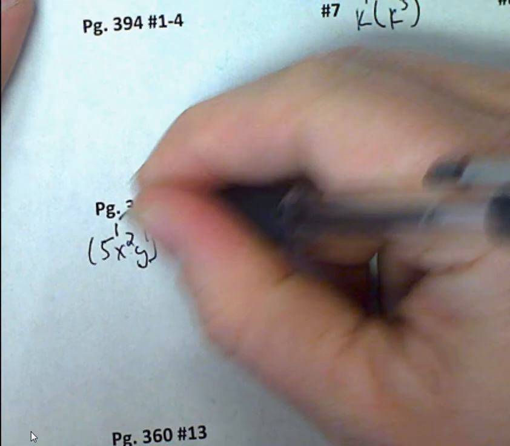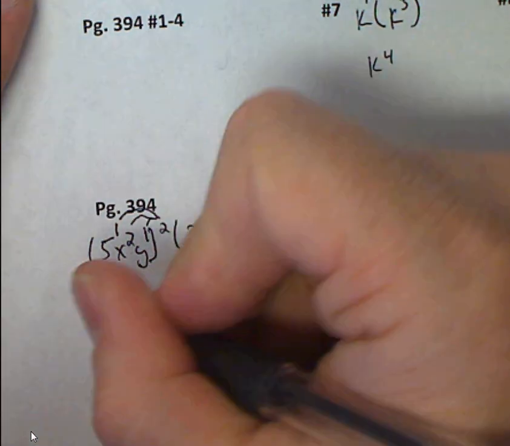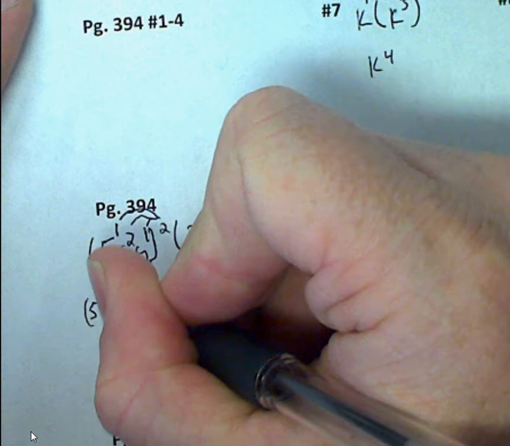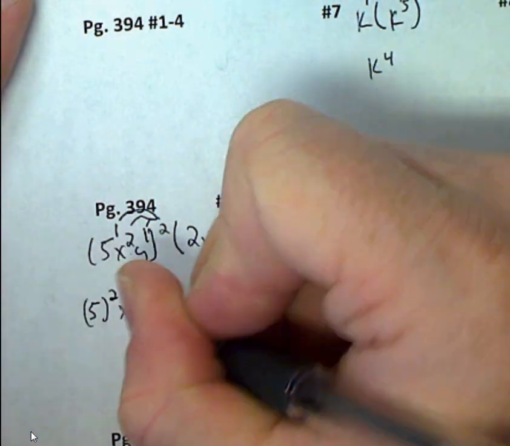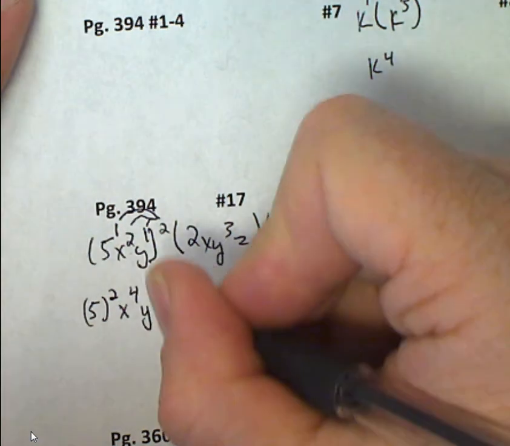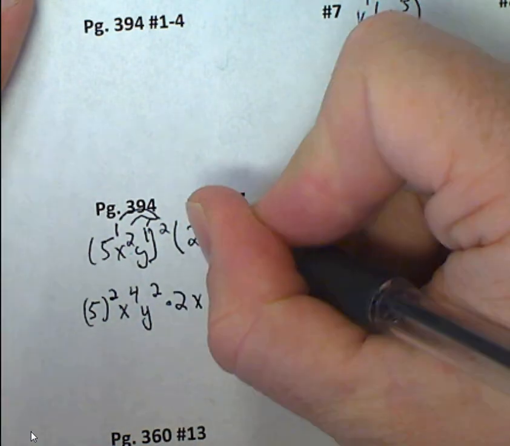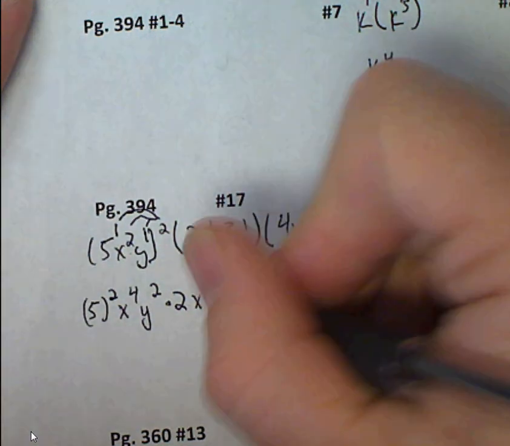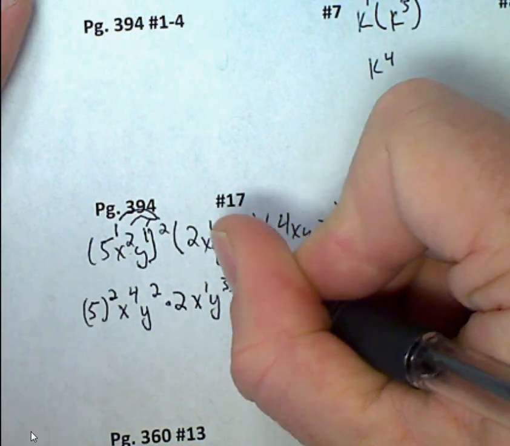I'm going to go ahead and distribute my 2. This becomes 5 squared, x to the 4, y to the second. I bring down my 2, x, I have 1 x, I have 1 z, so that would be x1, y3, z1.